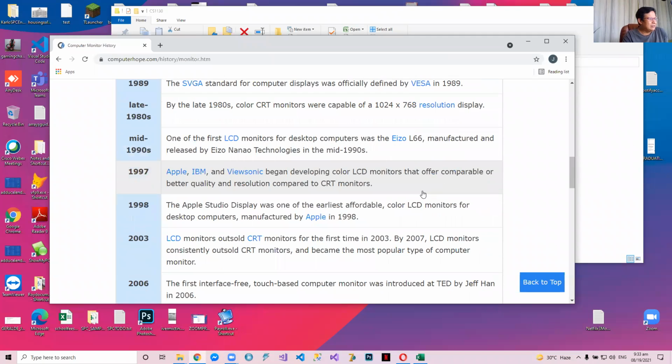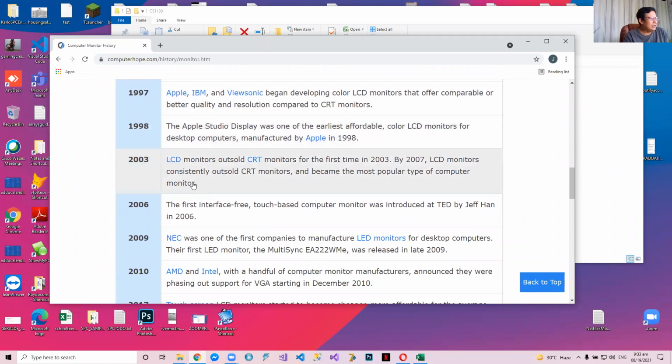and then the LCD monitors became very popular in 1997, although they were introduced in the mid 1990s, because it was Apple, IBM, and ViewSonic who were selling their monitors comparable to CRT monitors, with better quality and resolution. Okay. LCD outsold.